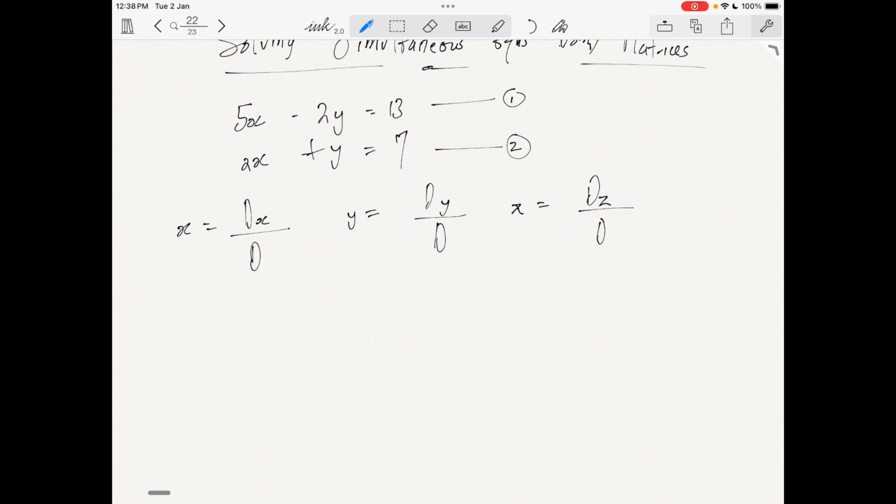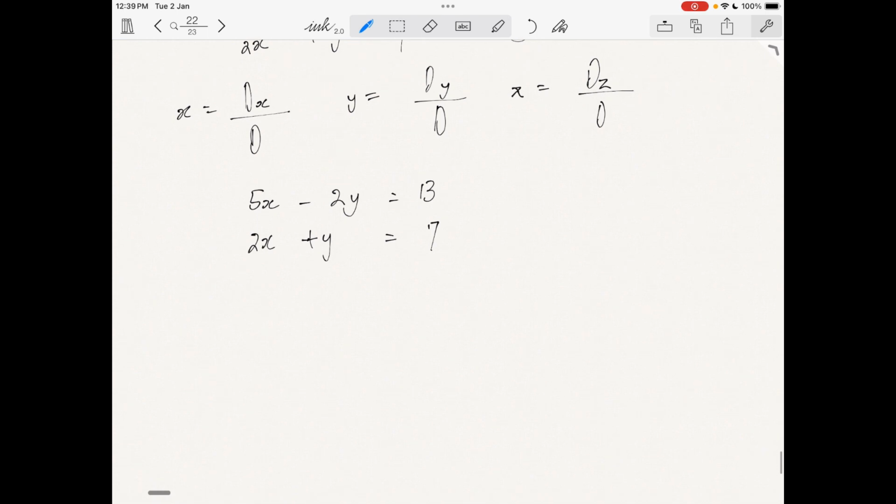Now, given 5x minus 2y equals 13 and 2x plus y equals 7, d will be the determinant of the coefficients.